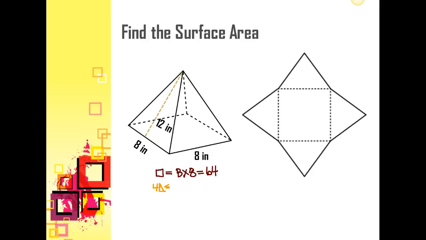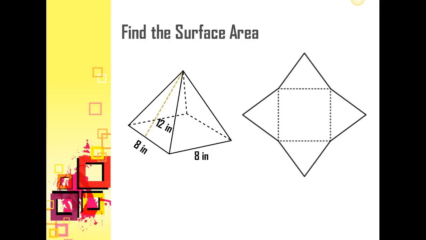The area of each triangle is 8 times 12 divided by 2, or 48 inches squared. Since there are four of them, we will multiply 48 times 4, which equals 192 inches squared. Then you just add 64 plus 192 to get the total surface area of 256 inches squared.